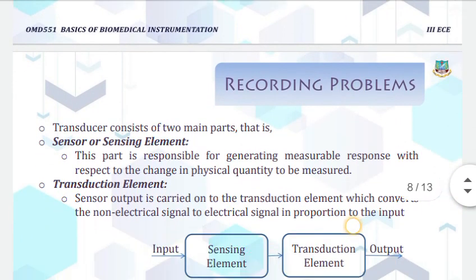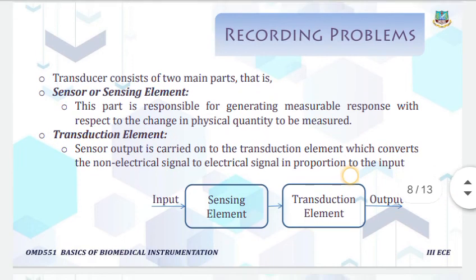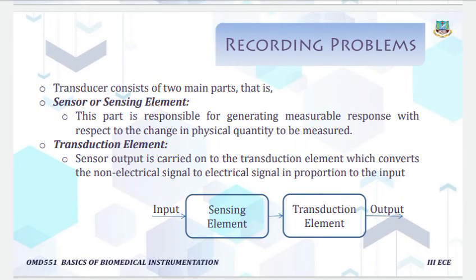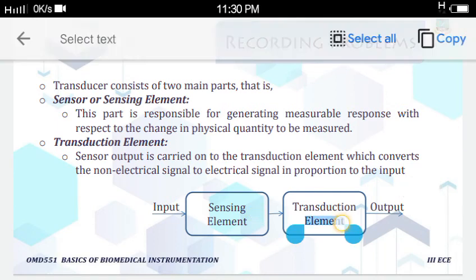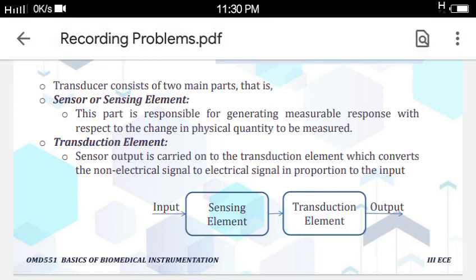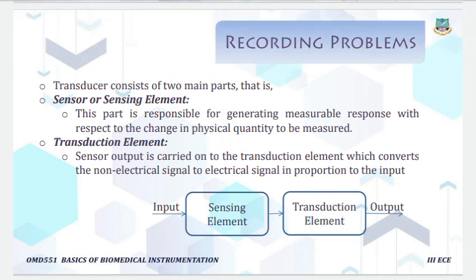Let's see what a transducer is. It converts ionic energy into electrical energy. It consists of two parts, as this figure shows: one sensing element and the next, a transduction element. The sensing element is responsible for generating a measurable response with respect to the change in physical quantity.